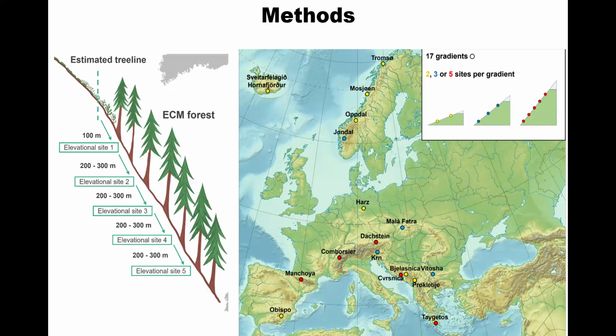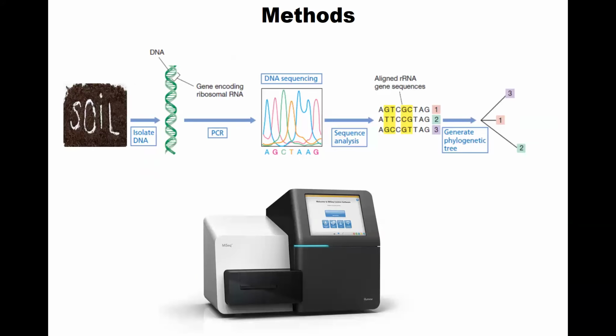We had several samples of the soil, and in each sample we assessed the fungal diversity using metabarcoding methods. In our case, sequencing of the ITS ribosomal RNA.